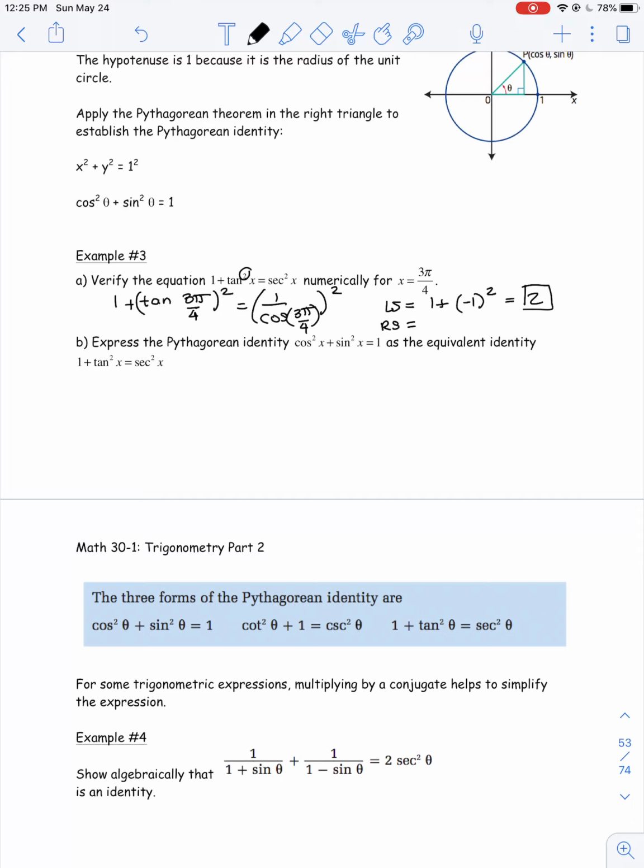The right side, we're taking 1 and we're dividing by cos 3 pi over 4. Now, 3 pi over 4 actually takes you into quadrant number 2. And if you look, the reference angle is pi over 4. So pi over 4 is going to take you up here. So we know that the answer for cos 3 pi over 4 will be a negative answer.